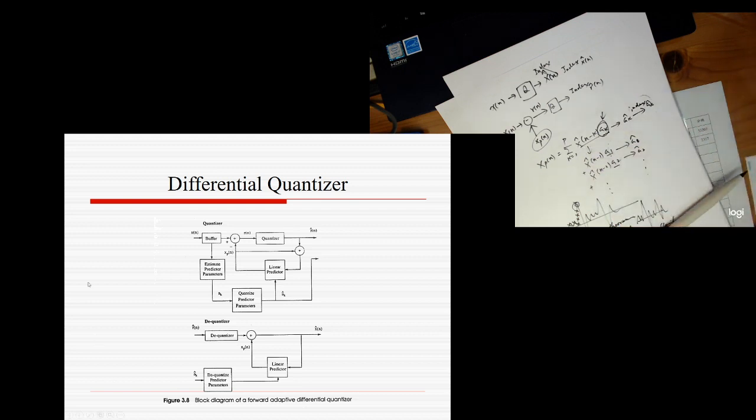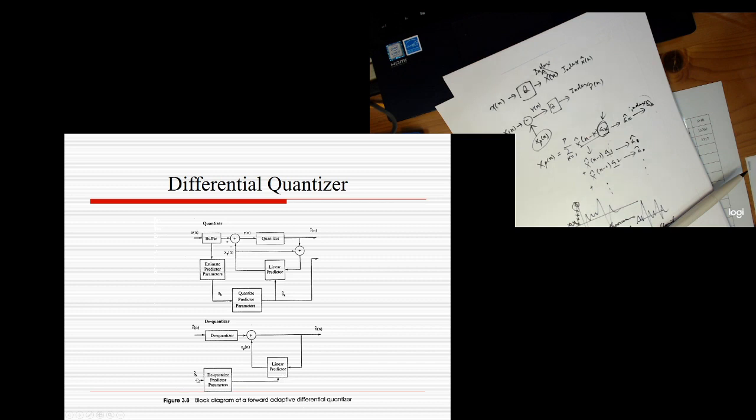So you can see this one is according to the original data, we do the estimation of your prediction coefficient, and then we do the quantization. We send the index to the decoder. This quantized coefficient is for predicting your current input data. The decoder will get the coefficient and know how to do the prediction.